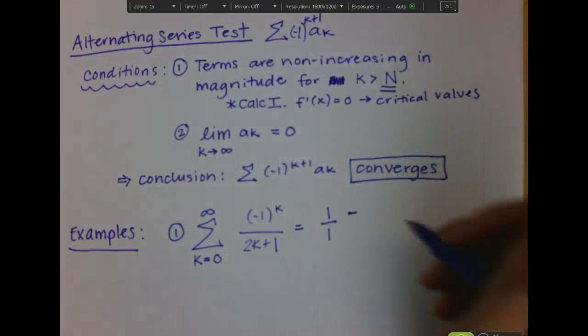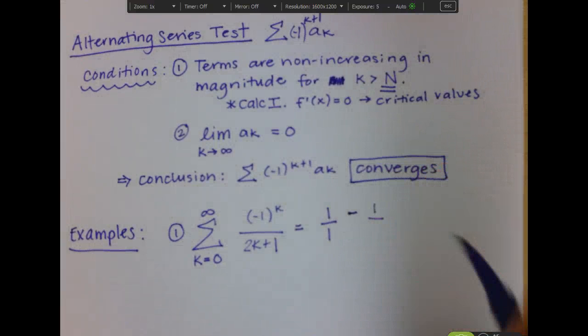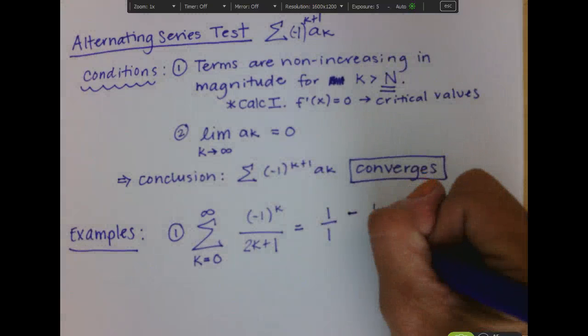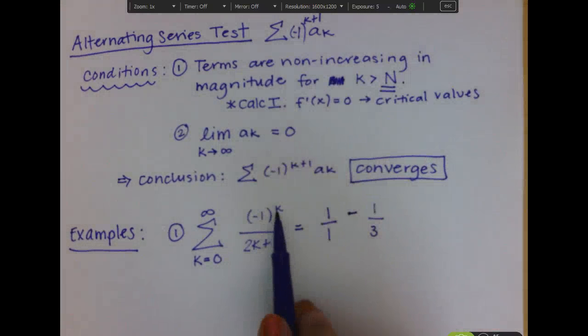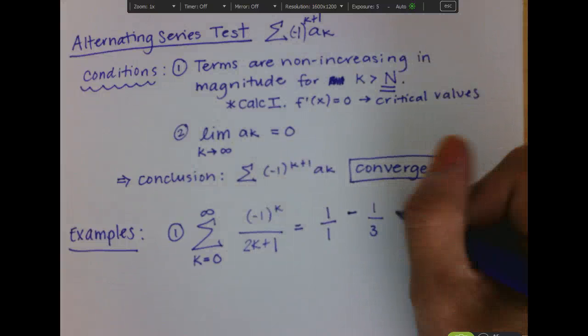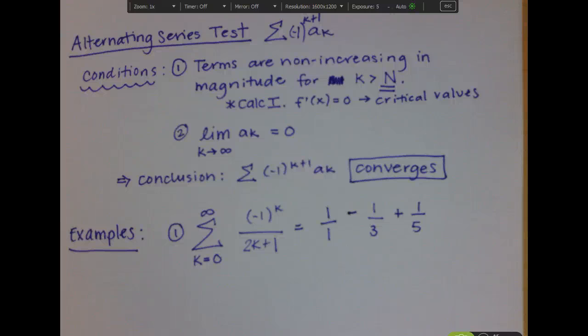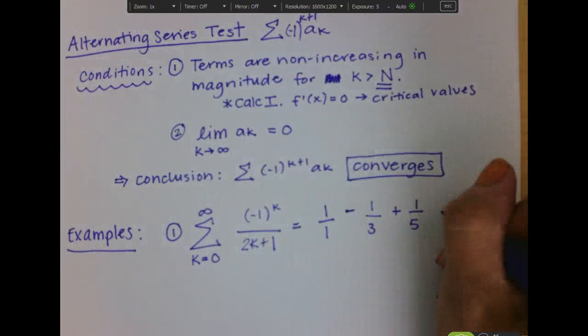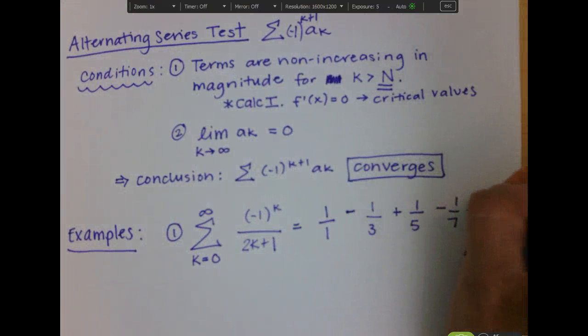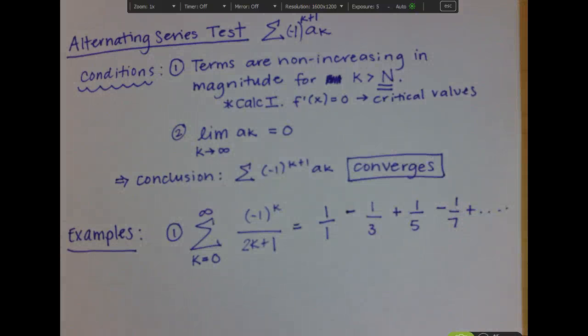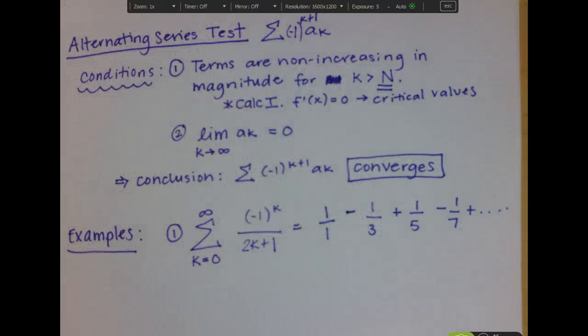So there's my alternating sign, 1 over 3. K equals 2, I'm back to an even, so that's going to give me positive 1/5. K equals 3, I'm back to an odd, -1/7. So it's nice to look at a couple of terms just to convince yourself that what you are dealing with is an alternating series.